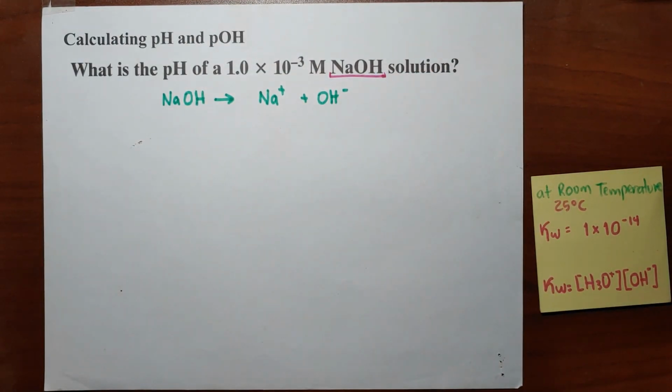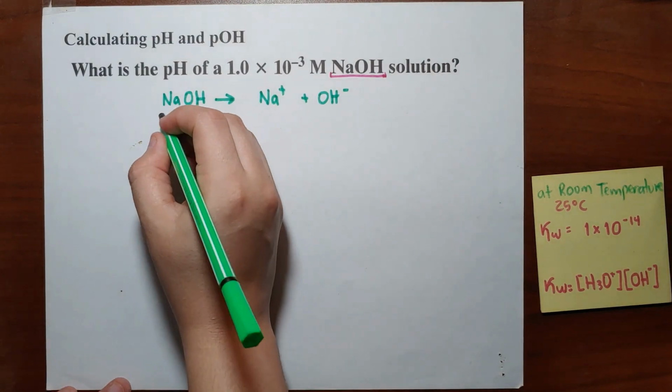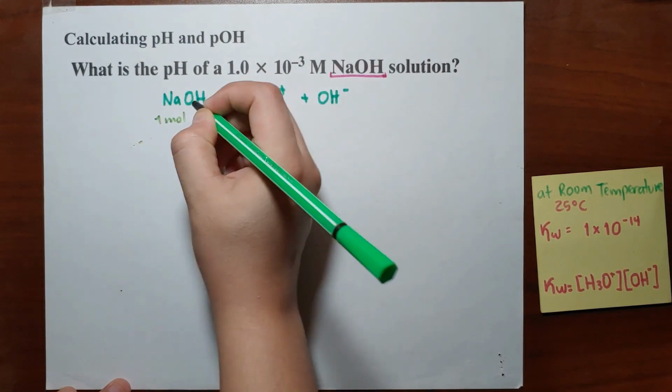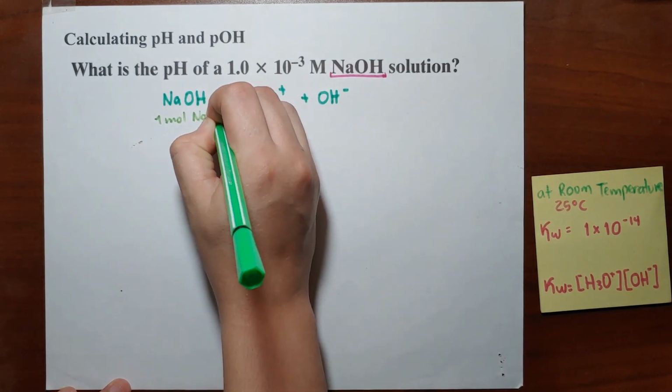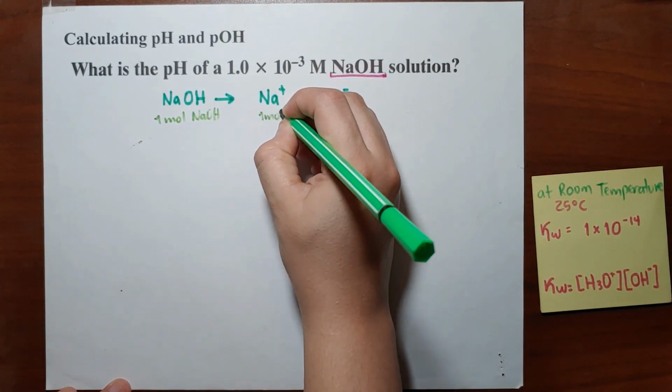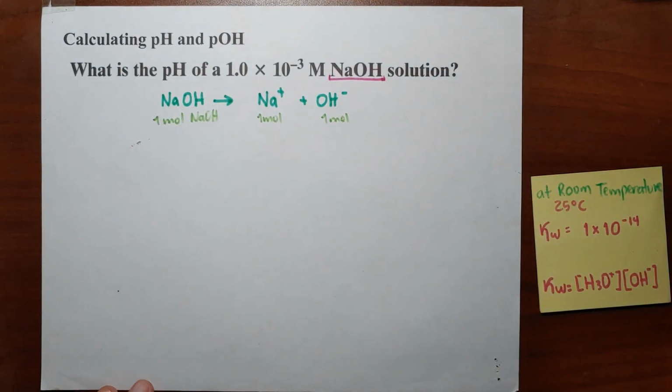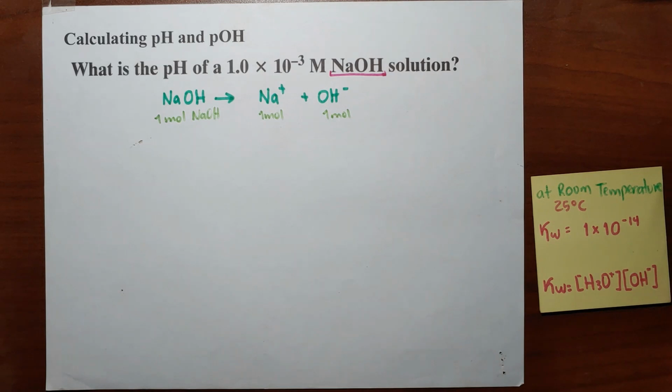Now the number of moles is 1 mole of NaOH produces 1 mole of sodium ion and 1 mole of hydroxide ions.